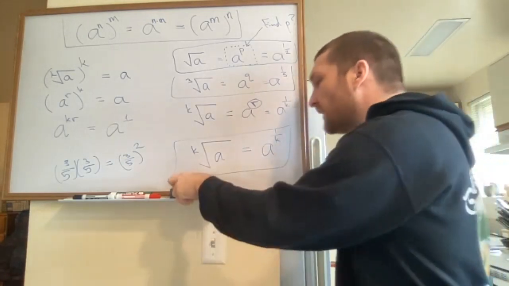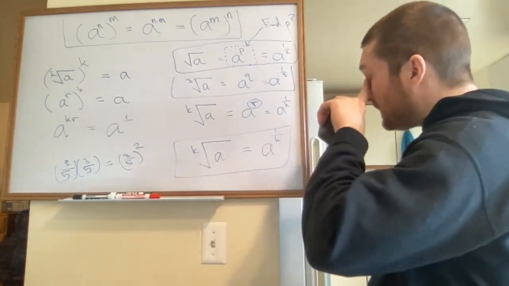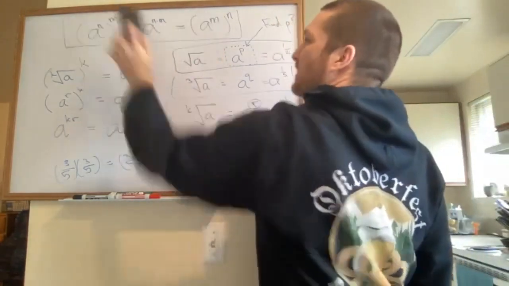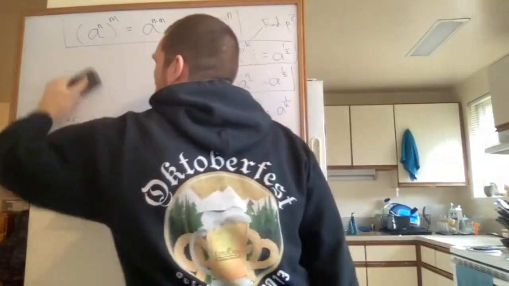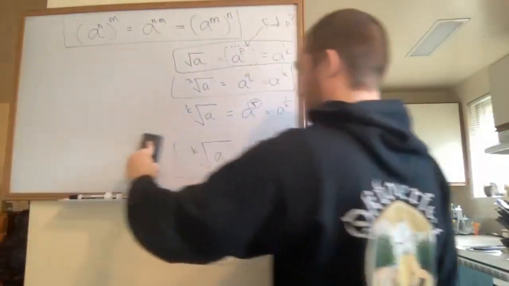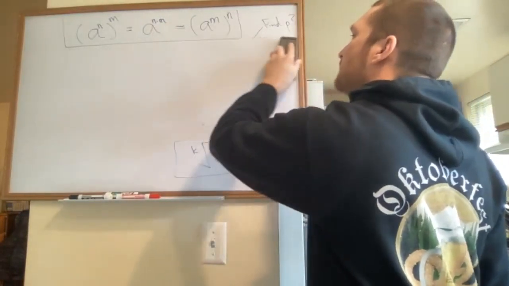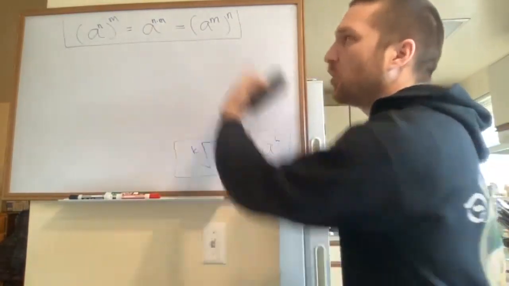Okay, so moving on. Since that's true, then we could play some game. I'm going to leave this up here because this is going to come up a bunch of times. Just because now we're talking about rational numbers, we can't have different rules for exponents instead of just whole numbers.